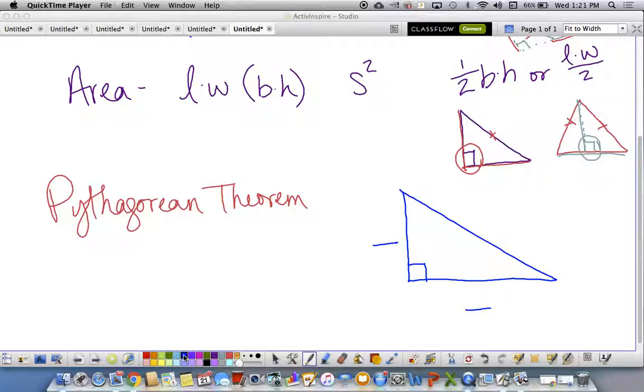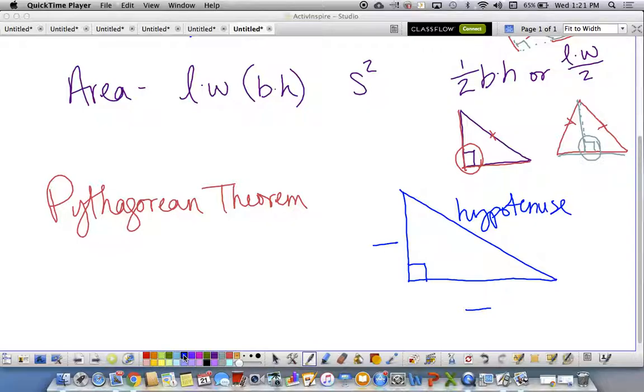Everybody says A and B? Did you know that they actually have names other than A and B? Those are variables. The big slant was the hypotenuse. I didn't ask for that one, but yes, the slanted one is called the hypotenuse.